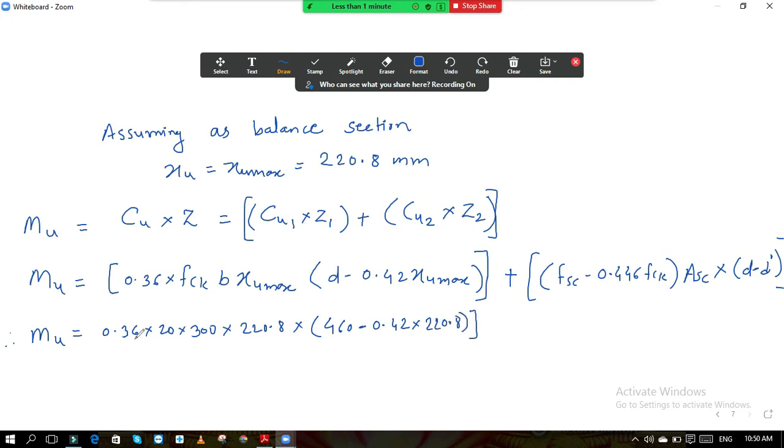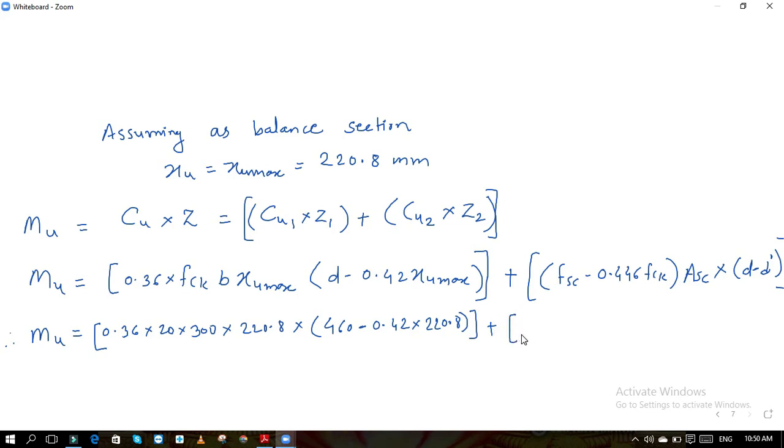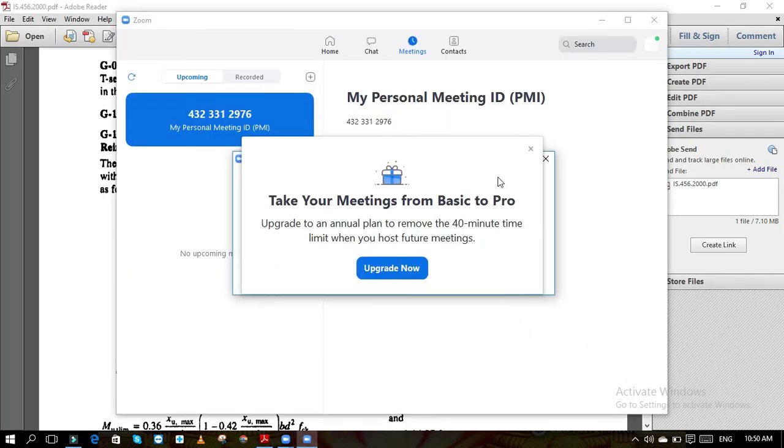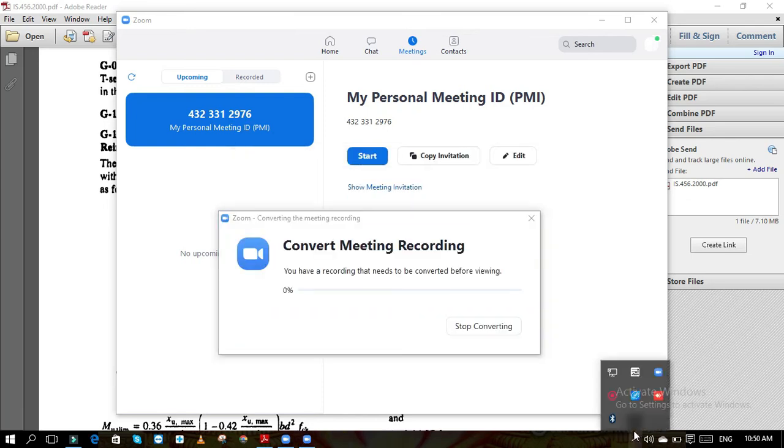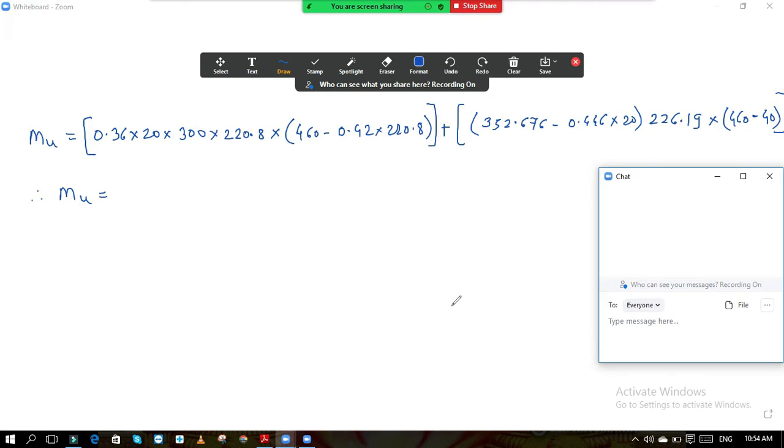So this bracket is complete over here, plus FSC. What is the value of this? Let me know the answer if you have solved this. 175.158. Please check the answer.